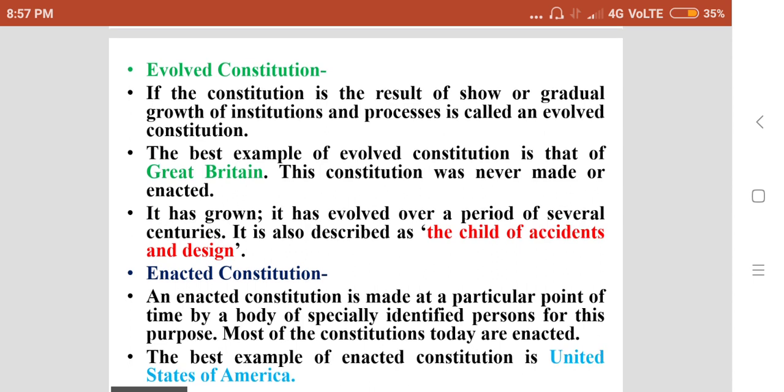It is also described as the child of accidents and design. On the other side, an enacted constitution is a constitution which is made at a particular point of time by a body of specially identified persons for this purpose. Most of the constitutions today are enacted constitutions. The best example of enacted constitution is United States of America.